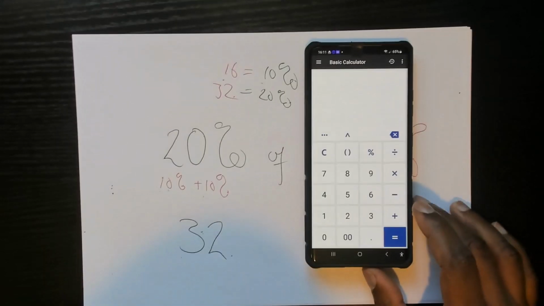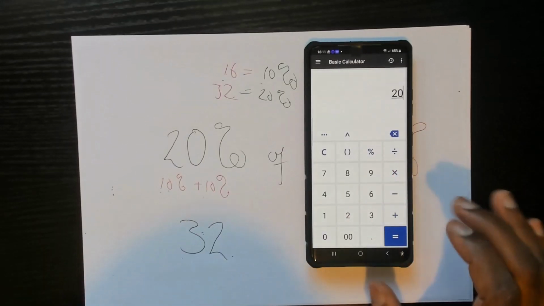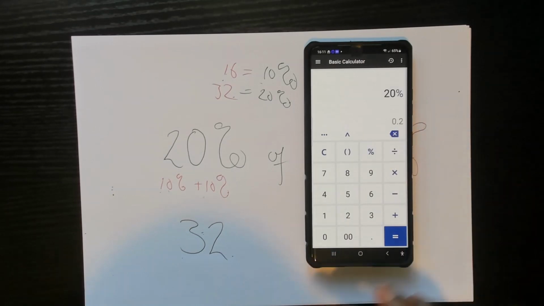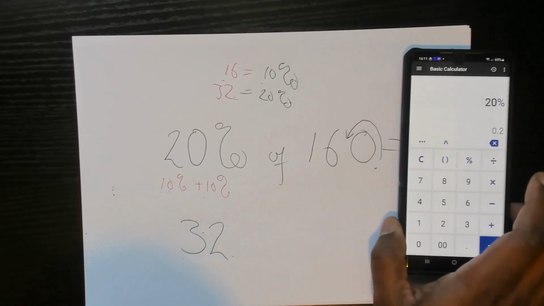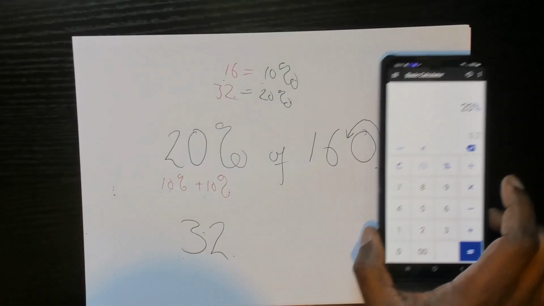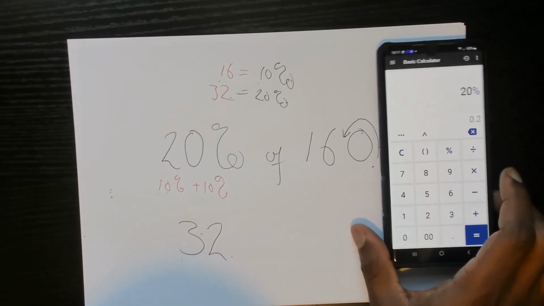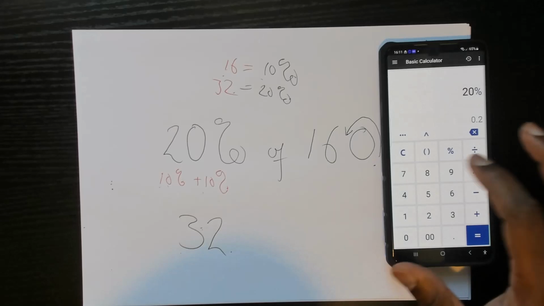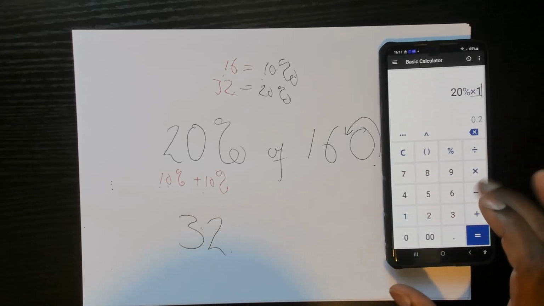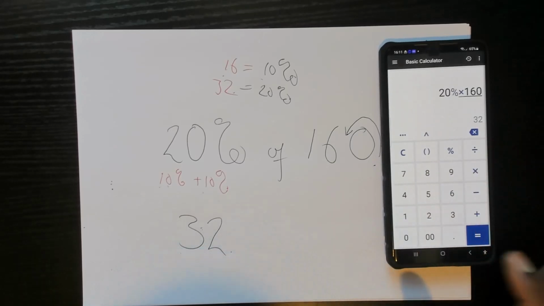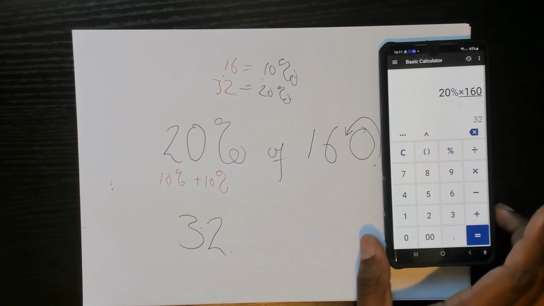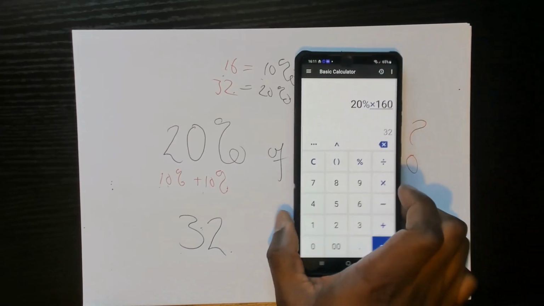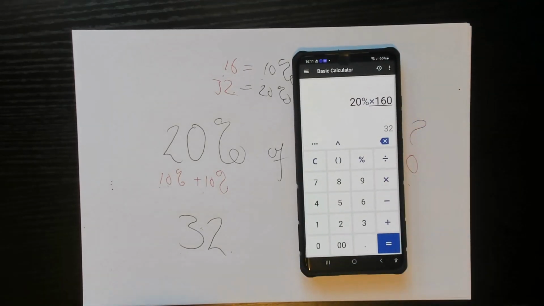Yeah, so we have 20% of 160, and there we have it, 32. 20% of 160 equals 32.